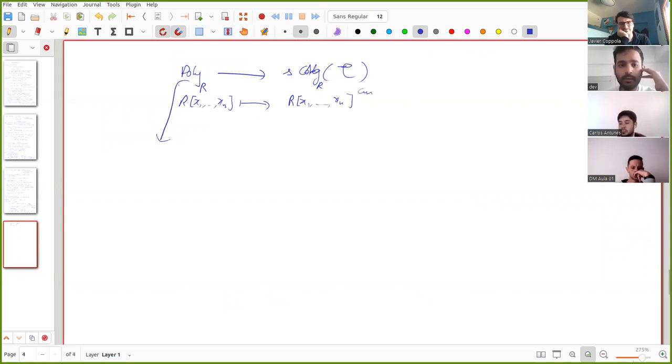And then what we do is take the left Kan extension to all simplicial commutative algebras over R. So this is just the left Kan extension of the analytification functor.